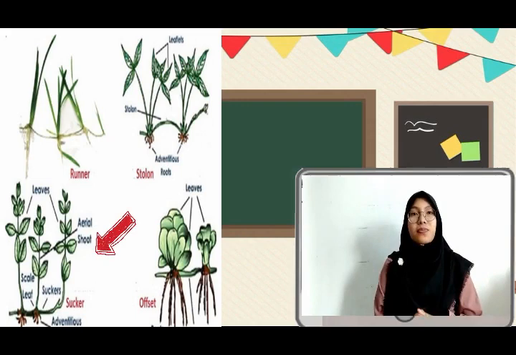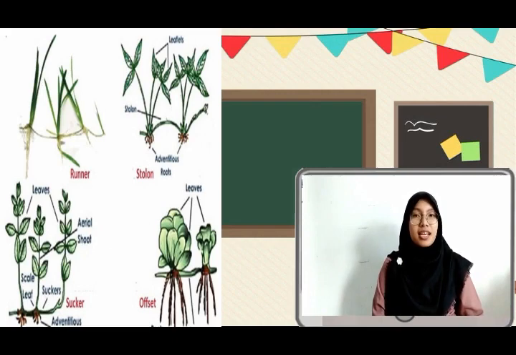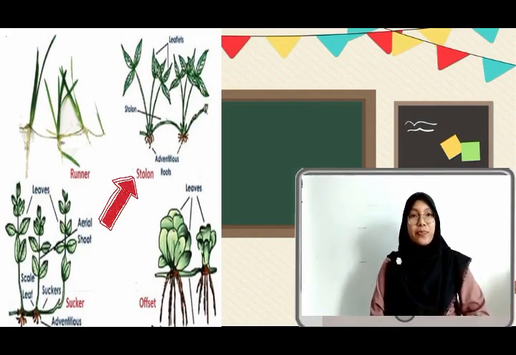The second kind is sucker. Sucker rises from the basal part of the main stem. Before separating from the original plant, it develops adventitious roots and leafy shoots. It also moves horizontally. The example is mentha. The third is stolon.